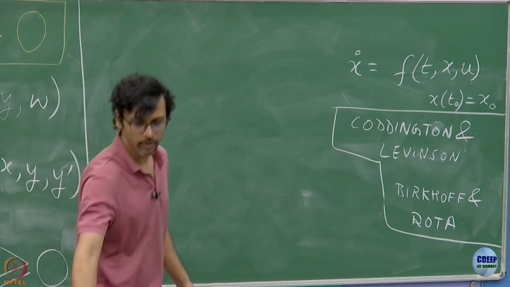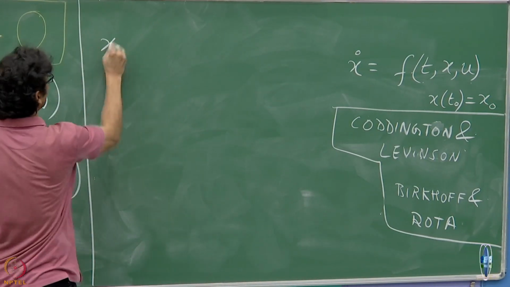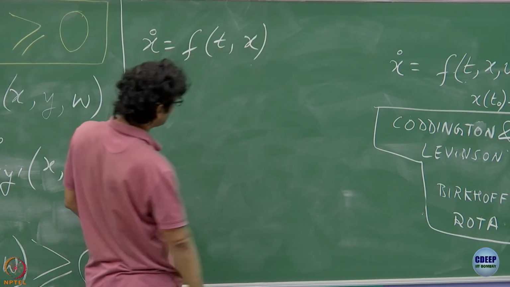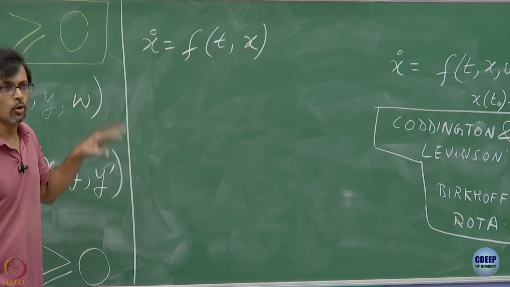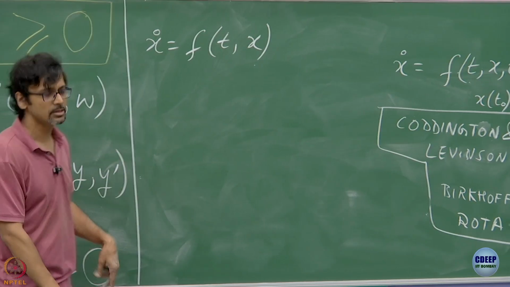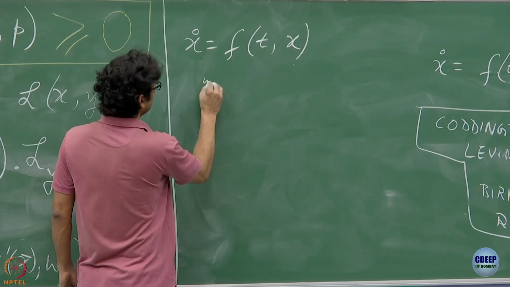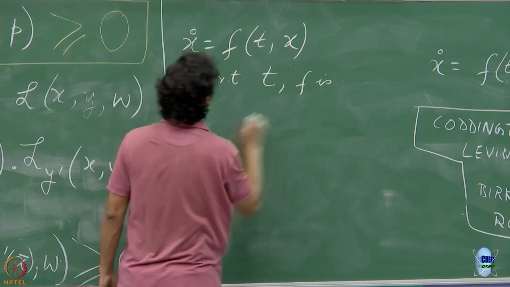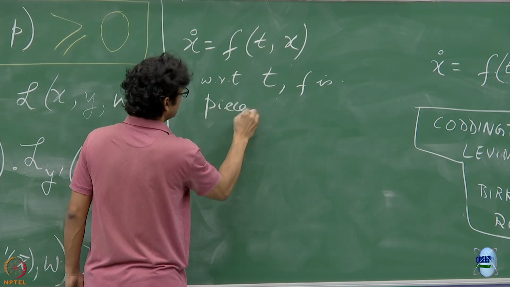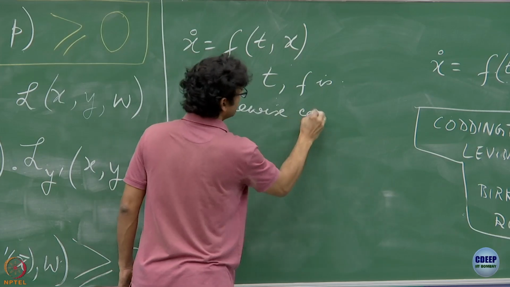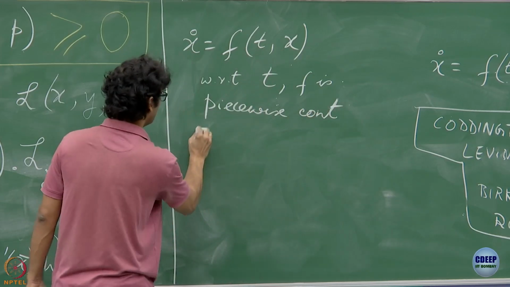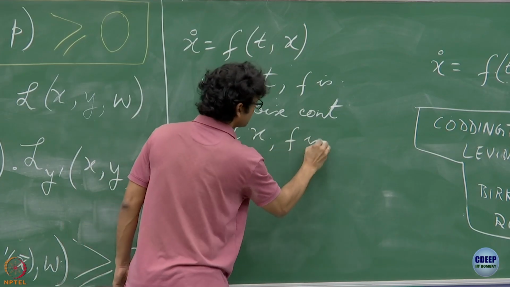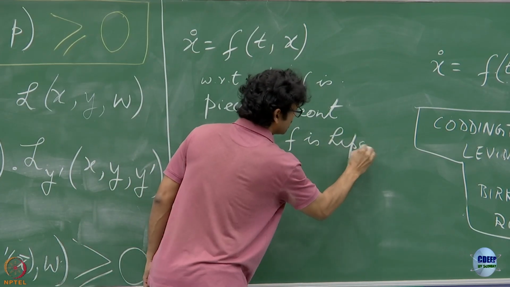So typically if you look at a system which does not explicitly have the input here, maybe no external input applied, then for such systems we generally say that, with respect to t, f is piecewise continuous, and with respect to x, f is Lipschitz.